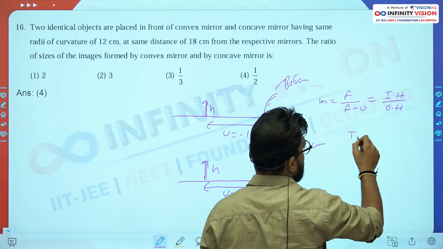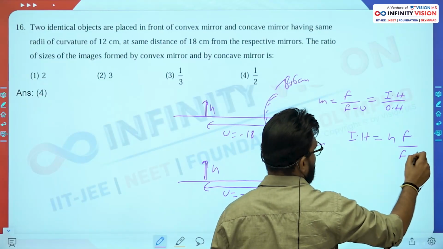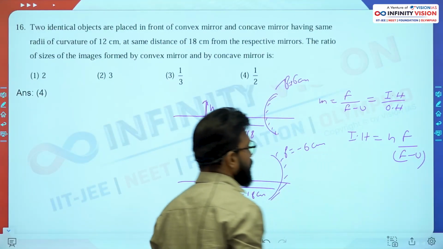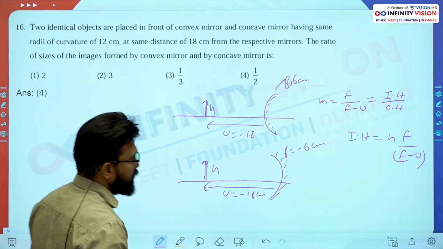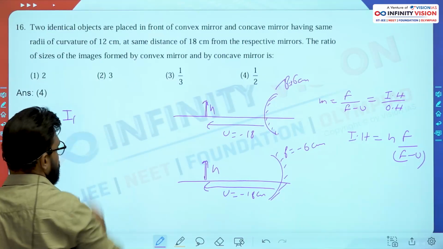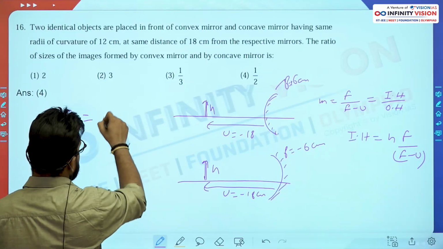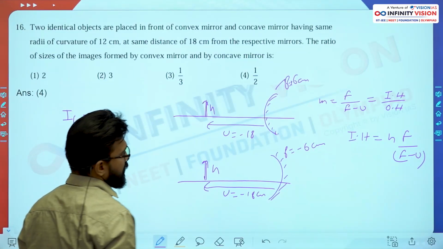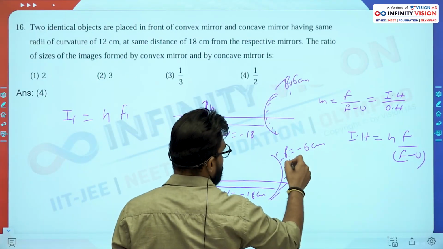So image height would be equal to h times f by f minus u. You need to find the image height of this divided by the image height of this. Let the convex mirror have image height hi1, and the focal length of the first be f1 and let this be f2.